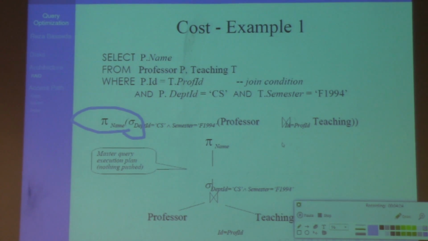Can I move this projection into these parentheses? Can I enforce this name? Because we are looking just for the professor name.